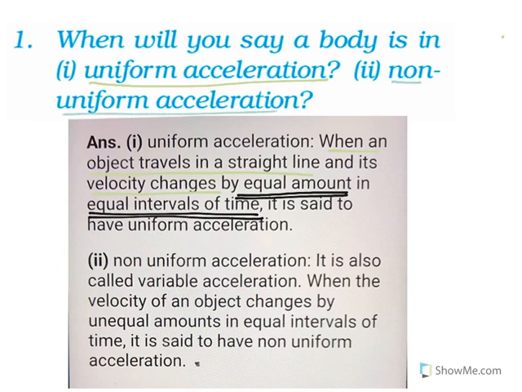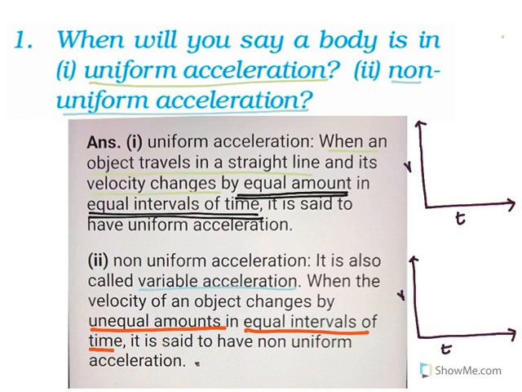Next, when do we get non-uniform acceleration? It is also said to be variable acceleration when the velocity of a body changes by, this is important, unequal amounts in equal intervals of time.